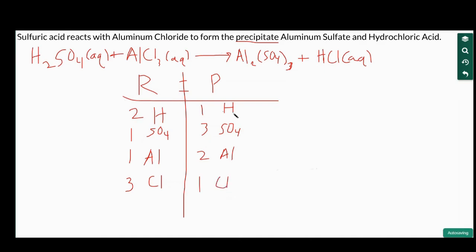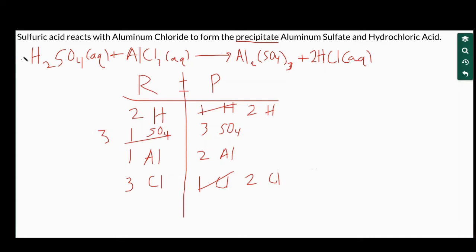So now let's balance it. So first we can multiply this by 2 to balance the hydrogen, and chlorine also. Now to balance the sulfate, we can multiply this by 3. Just imagine there's a sulfate here, but I'm not going to write the entire thing out.